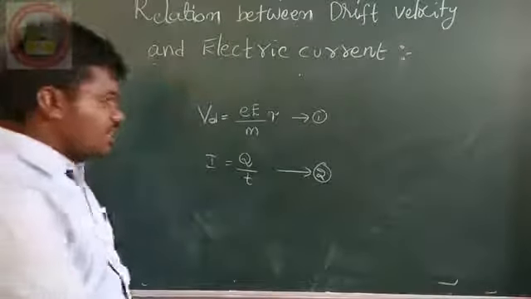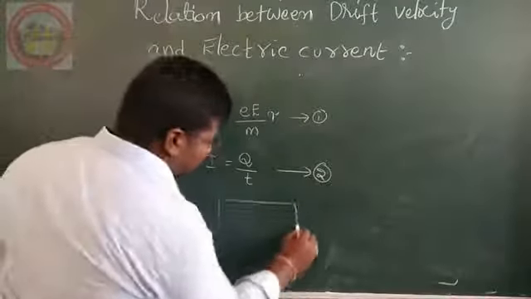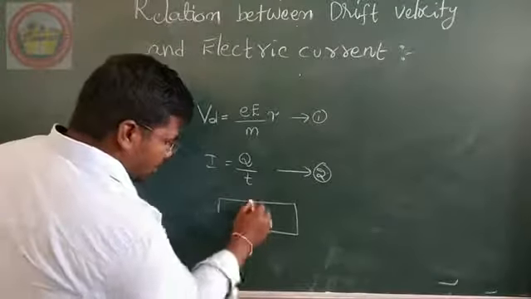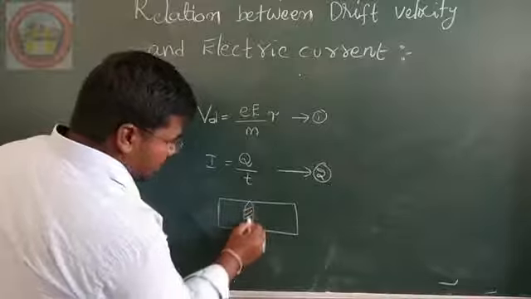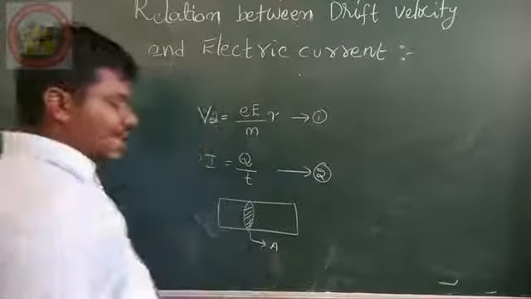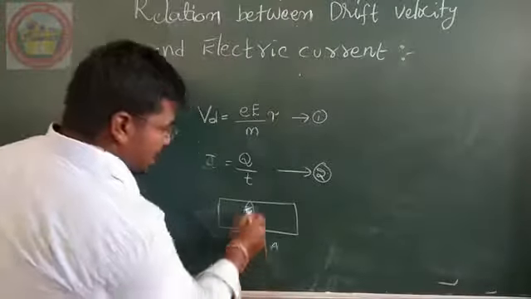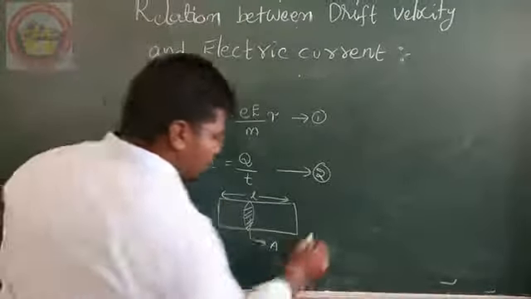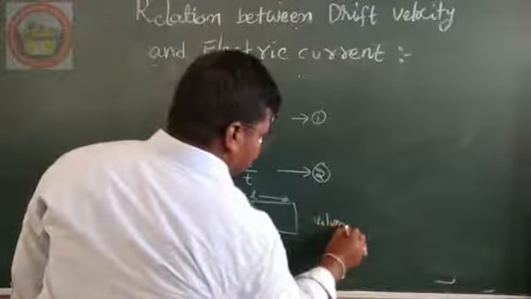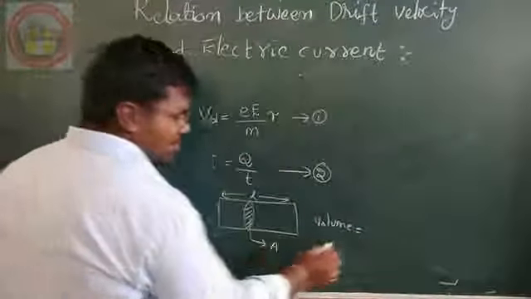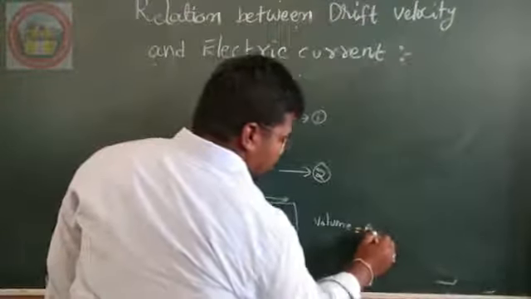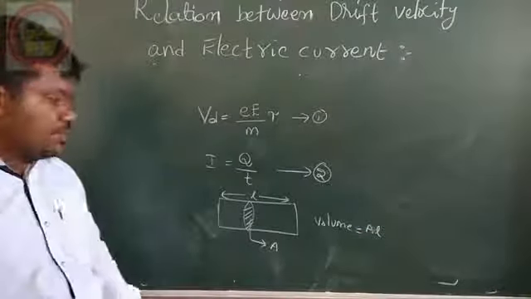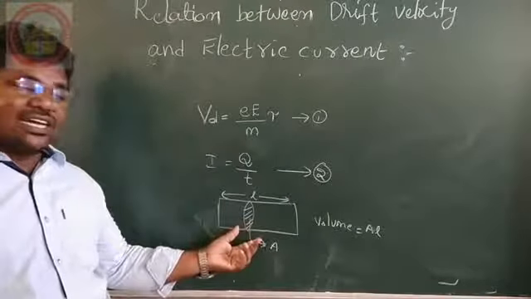So consider a conductor of cross section area A and length L. Then the volume of the conductor is equal to area into length.